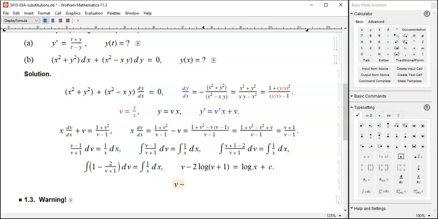So v minus log of v plus 1, to the quantity squared, is equal to log of x plus c. And let's put some space in between. Is this enough? I guess this is enough.